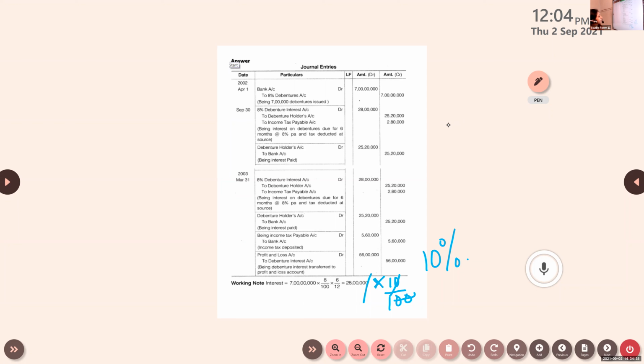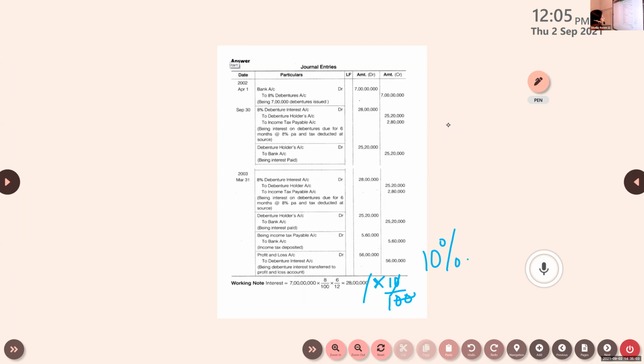Okay, so the first entry, April 1st: Bank account debtor to 8% debentures account. As in my question, the income tax amount is given directly. So we understand that 7 lakh is the number of debentures issued.